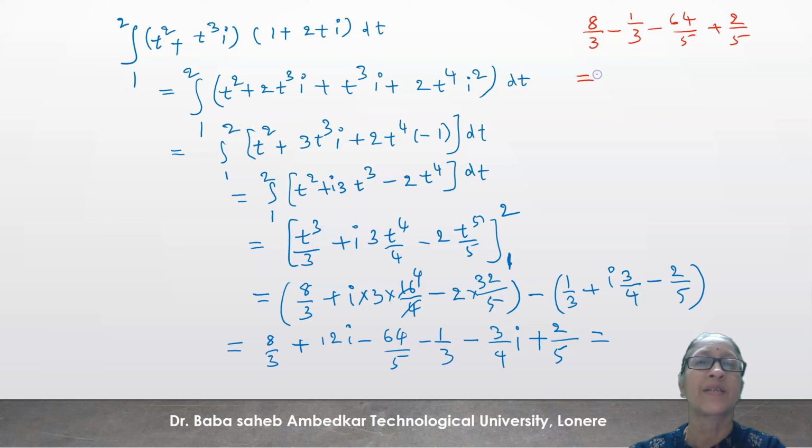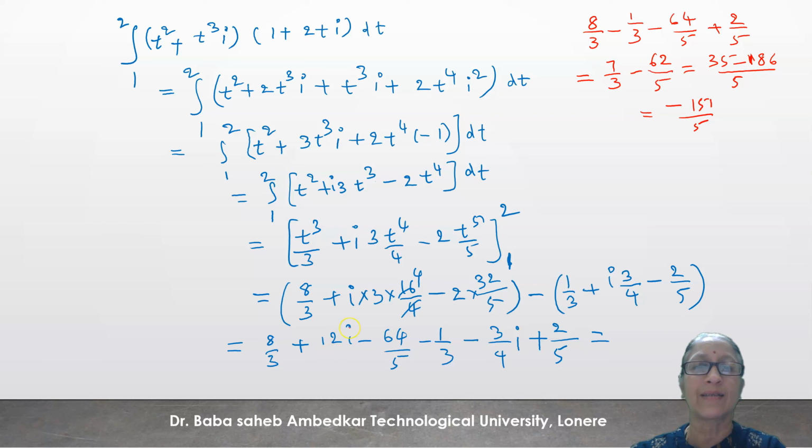The terms which do not contain i, we have considered all those. This is 7 by 3 minus 62 by 5, that is 35 minus 186 by 15, which is minus 151 upon 15.